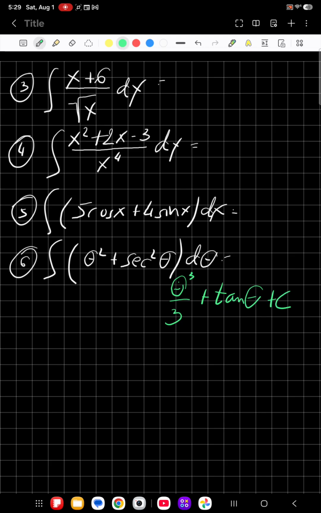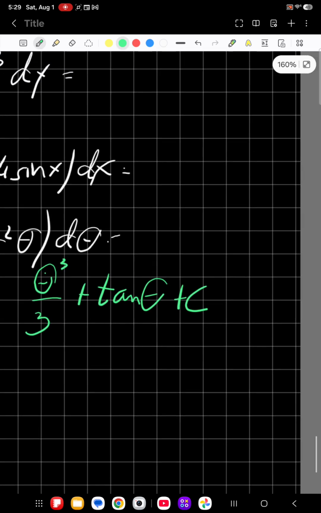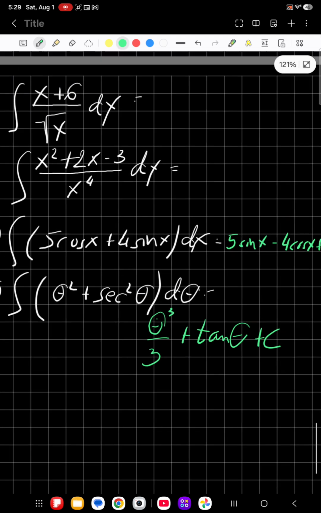Okay, the previous problem, do I have space? Maybe. Okay, so it's 5 sine x minus 4 cosine x plus c. So that was problem 5.